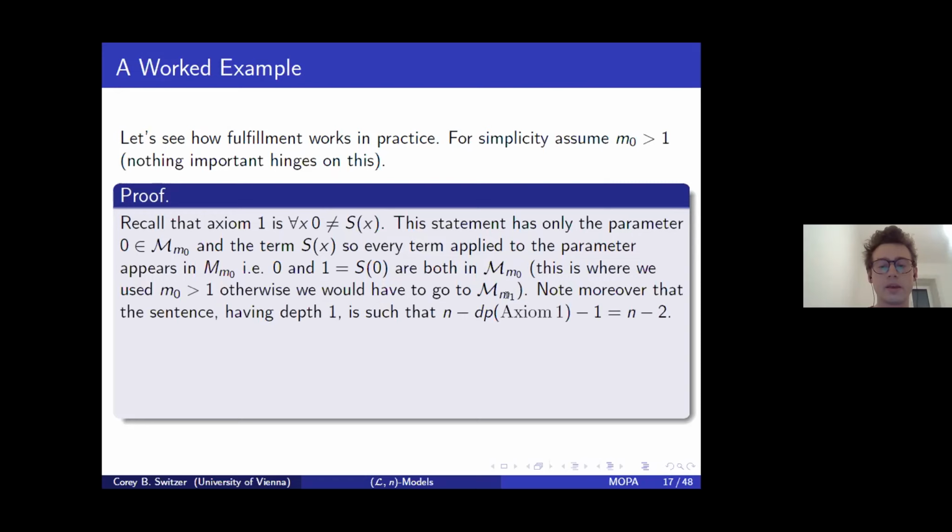Now, moreover, this sentence has depth 1. It has one quantifier. So n minus the depth of this axiom minus 1 is n minus 2.